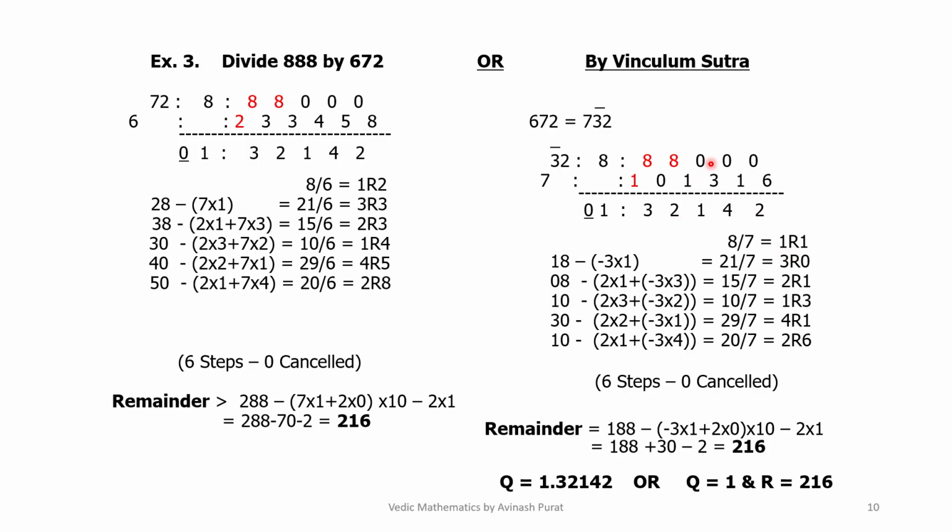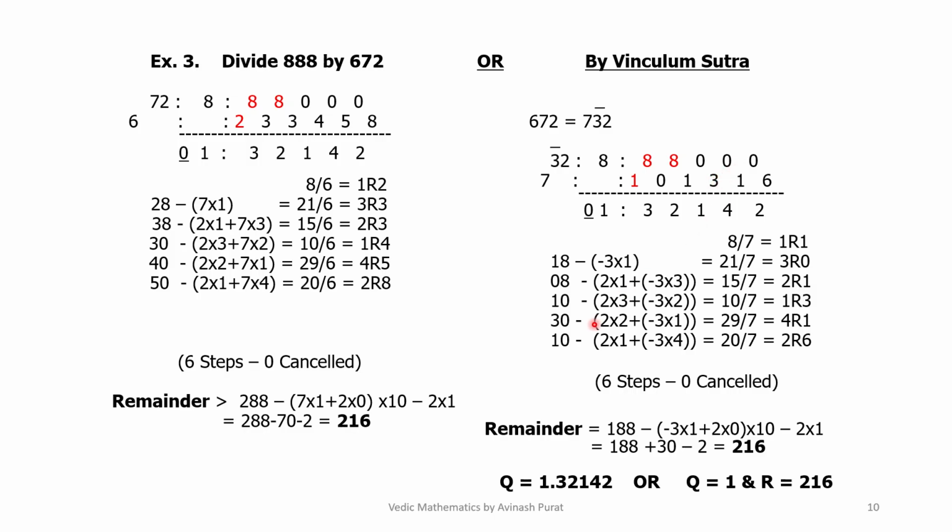Now 10 is the remainder dividend, minus 2 into 3 minus plus minus 3 into 2, that is 6. So this is 6, this is 6, cancel out. So 10 by 7 equals 1 remainder 3. 3 is remainder.